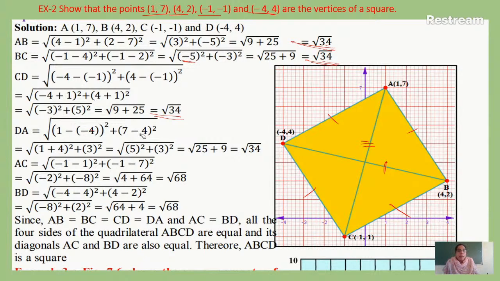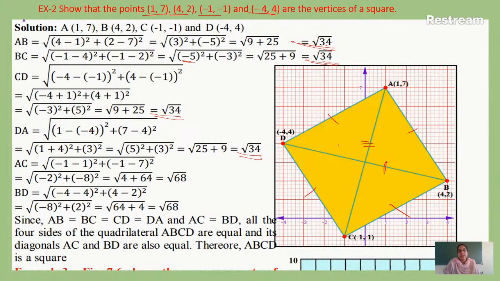Right? Minus of minus will become plus here. 1 plus 4 whole square plus 7 minus 4 is 3. 5 square plus 3 square. Then 25 plus 9 is 34. Again we got the fourth side also root 34, but your work will not complete here.